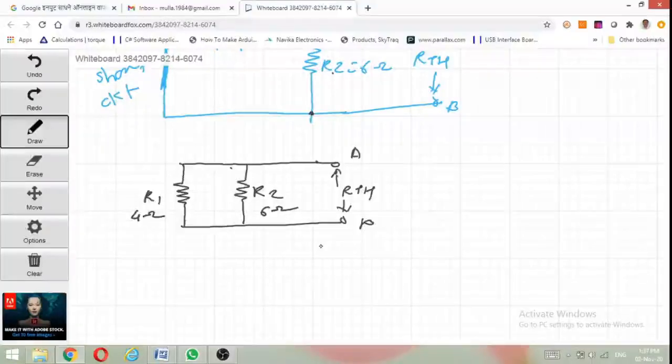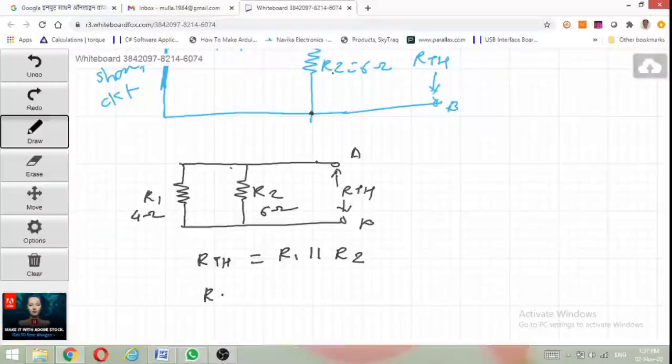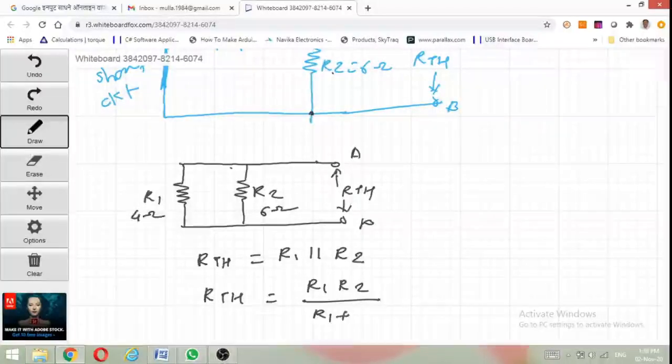For parallel resistance calculation, RTH is equal to R1 parallel R2. Okay, and the formula for parallel resistance is R1 R2 divided by R1 plus R2.